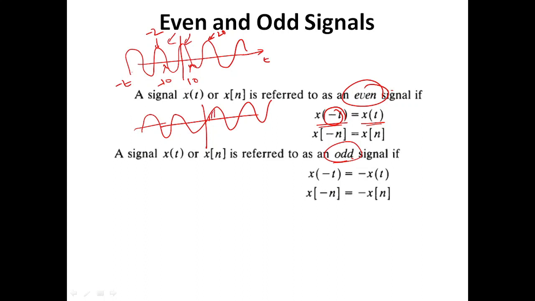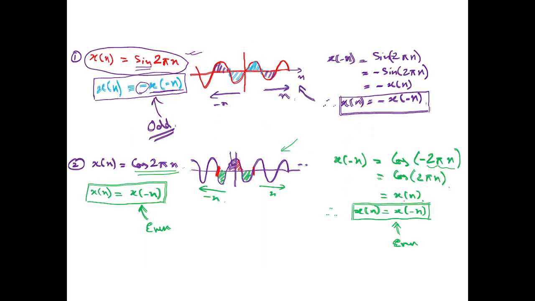Here the period is the same, so in the positive domain you have a positive amplitude, whereas in the negative domain you have the negative amplitude. So x of minus t is equal to minus x of t. Similarly, for discrete time domains the same formula applies. Now this is what you can see.